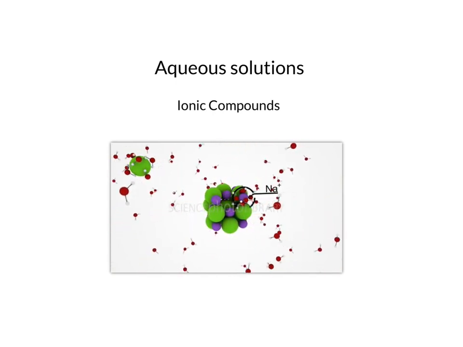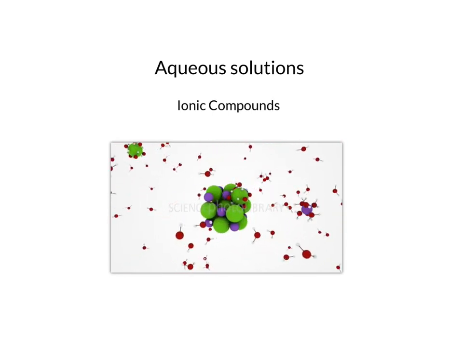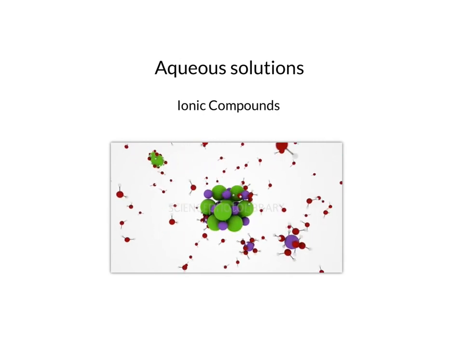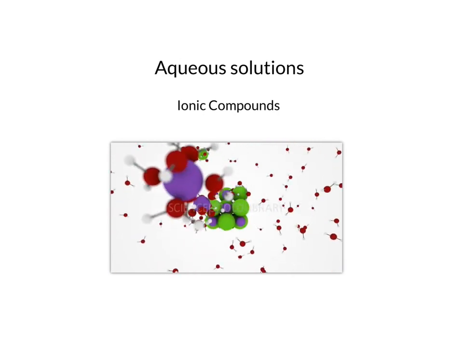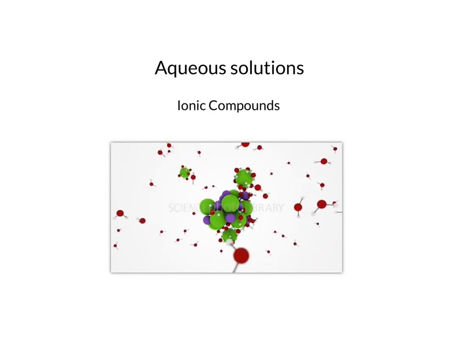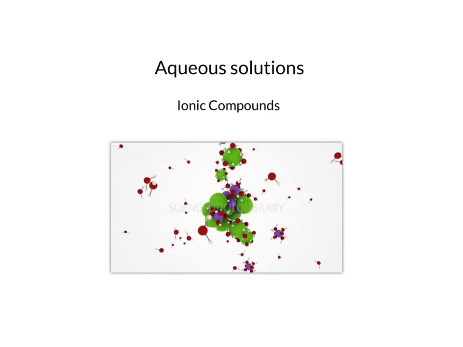So it's like the water comes and grabs the ions and pulls them apart and leaves them in solution surrounded by water molecules. The important thing to see here is that a solid ionic compound, when put into water, will break apart into its constituent ions.